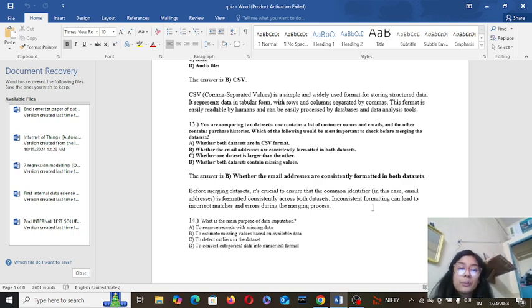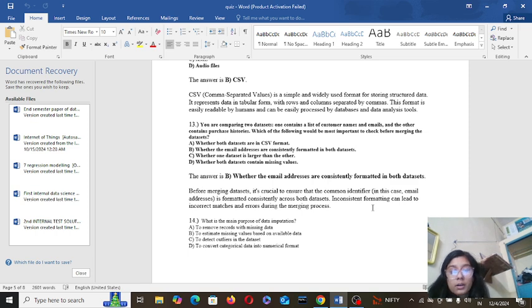Before merging data sets, it's crucial to ensure the common identifiers, like email addresses, are formatted consistently across both data sets. Inconsistent formatting can lead to incorrect matches and errors during the merging process.